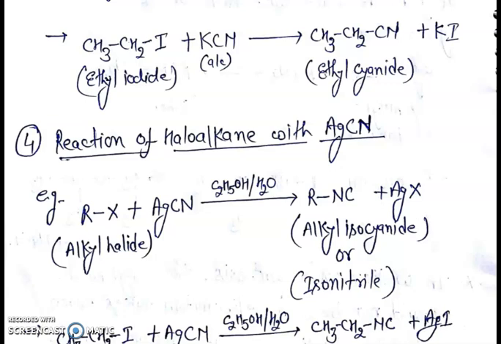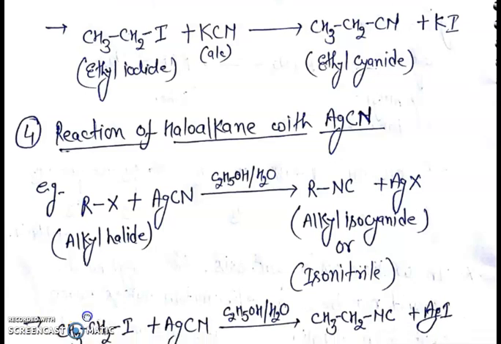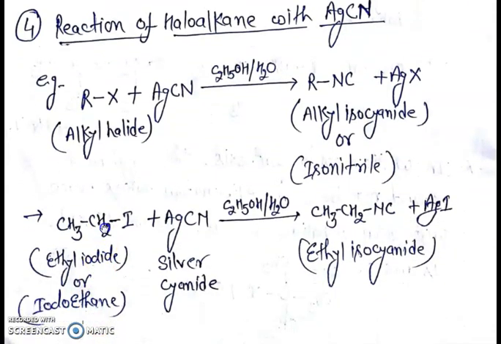The general reaction is given when alkyl halide reacts with silver cyanide in the presence of aqueous ethanolic solution to give alkyl isocyanide or isonitrile. For example, when ethyl iodide or iodoethane reacts with silver cyanide in the presence of aqueous ethanolic solution to give ethyl isocyanide.